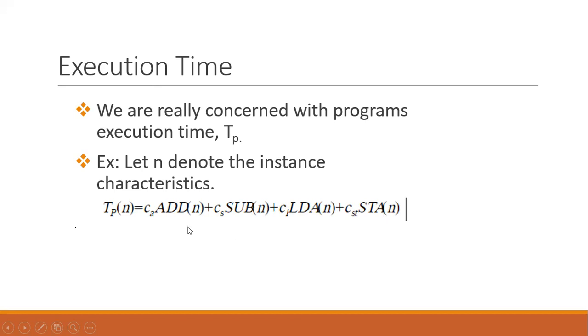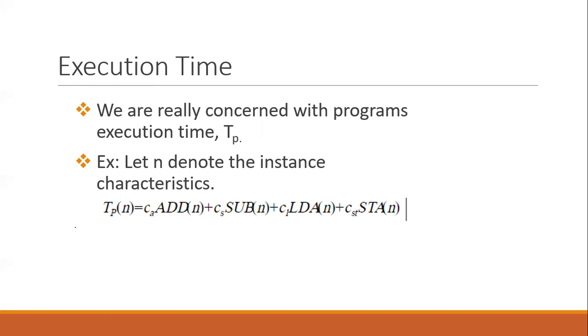And C_A, C_S, C_L and C_ST are the constants that refer to the time required to perform the operations, and add, sub, lda and sta are the number of additions, subtractions, loads and stores that are performed when the program is run with a characteristic instance n. So determining this execution time requires great effort.